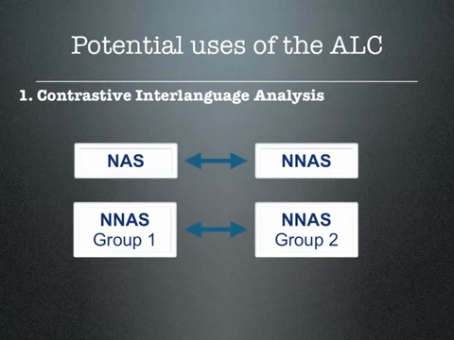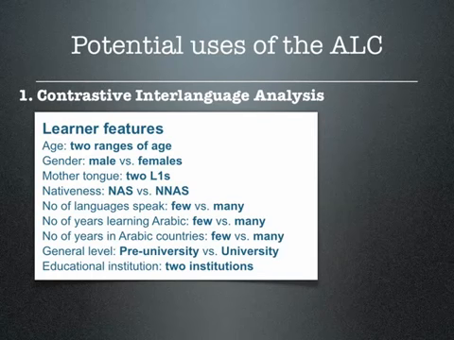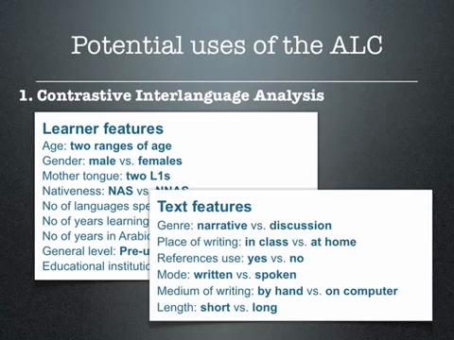The metadata of the Arabic Learner Corpus provide users with a range of features for contrastive interlanguage analysis. So the user can use the learner features like age, gender, mother tongue, nativeness, etc., or the text features like genre, place of writing, references used, etc., for doing the contrastive interlanguage analysis.